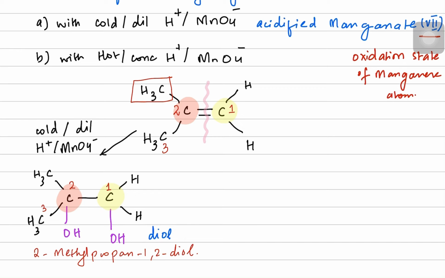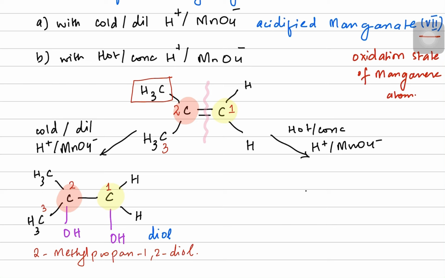you add 2 hydroxyl groups. However, in the hot concentrated manganate, things become trickier. In hot concentrated acidified manganate, things become trickier. You actually split both carbons, you break the sigma, you break the pi.